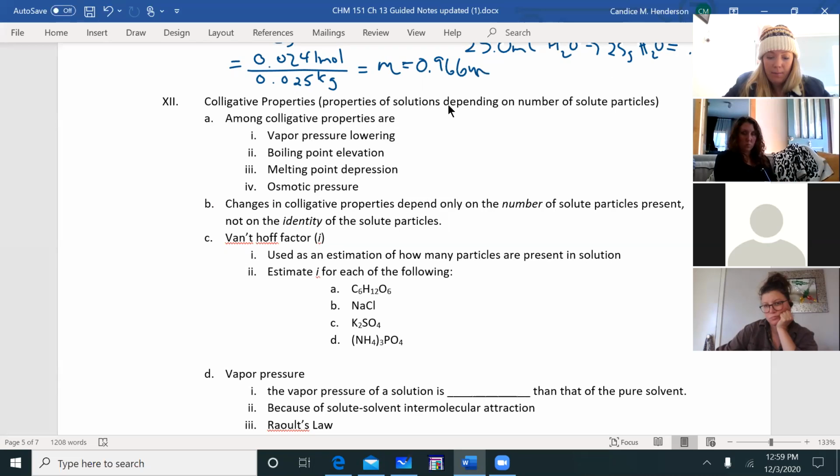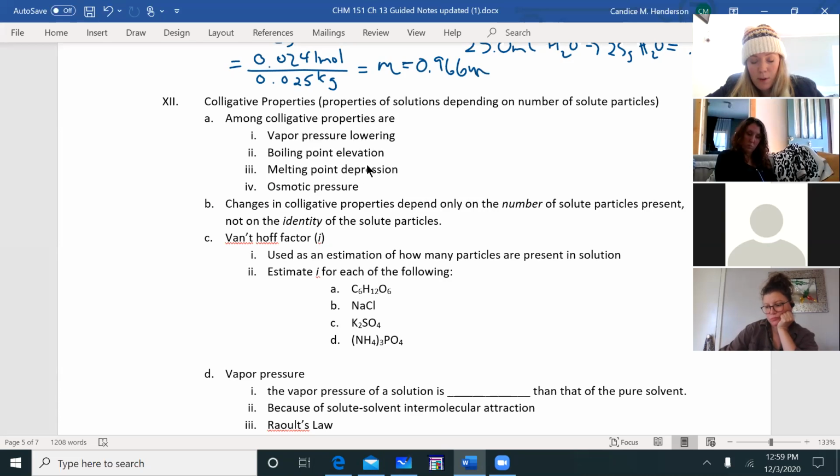So looking at the different colligative properties, we're going to be looking at vapor pressure, specifically a lowering of our vapor pressure. We have boiling point elevation, so an increase in our boiling point, a melting point depression, and then a shift in our osmotic pressure.